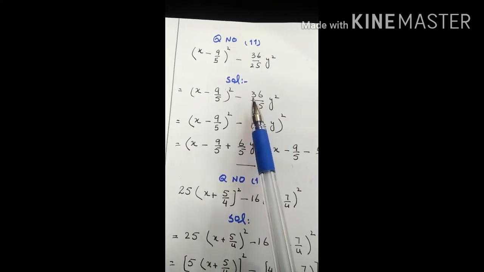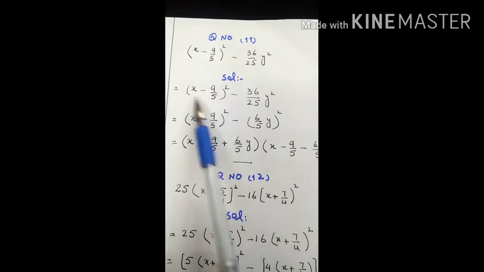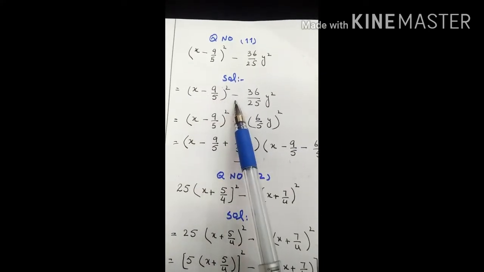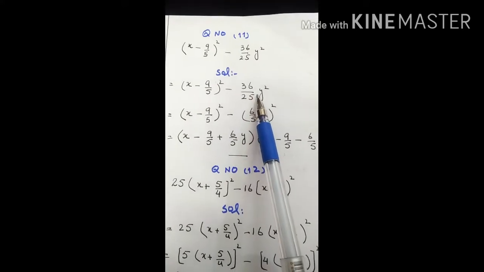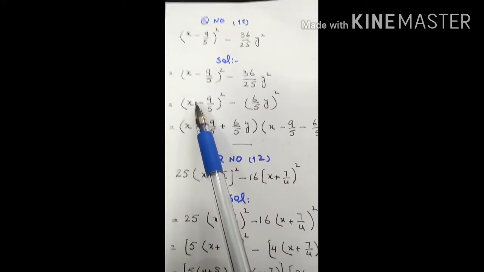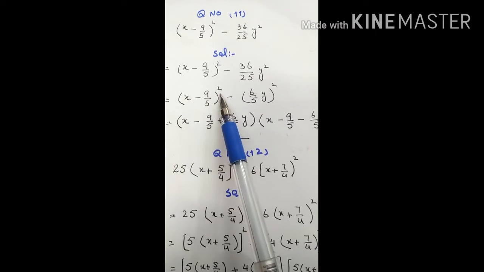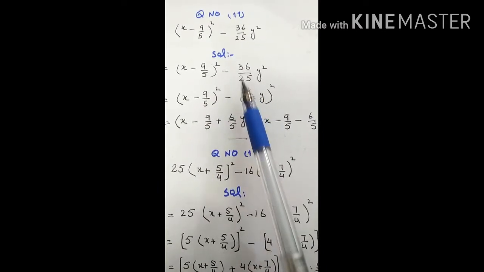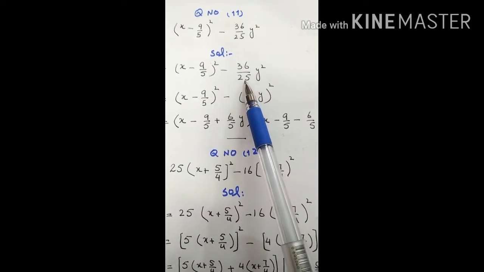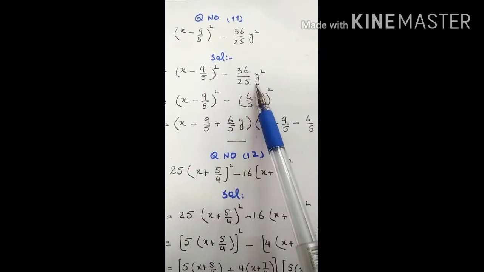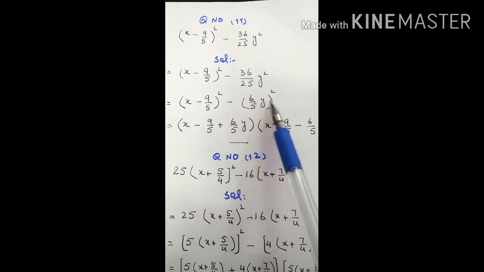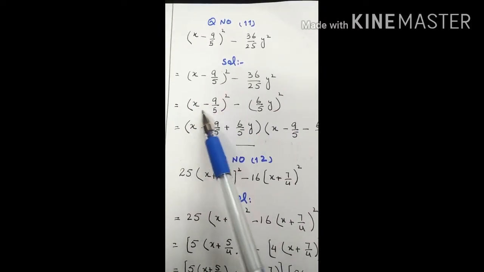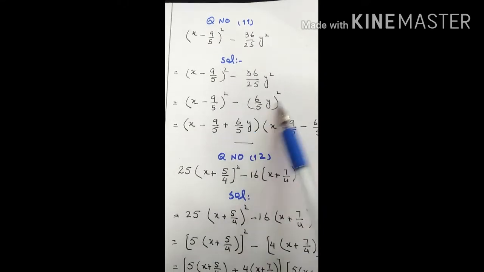As I have already told you, you will consider it as a single value. So this is a square minus b square. A square is (x minus 9 by 5) whole square, minus b square: 36 is the square of 6, 25 is the square of 5, y as it is, as a whole square. Now this is the proper form of a square minus b square.